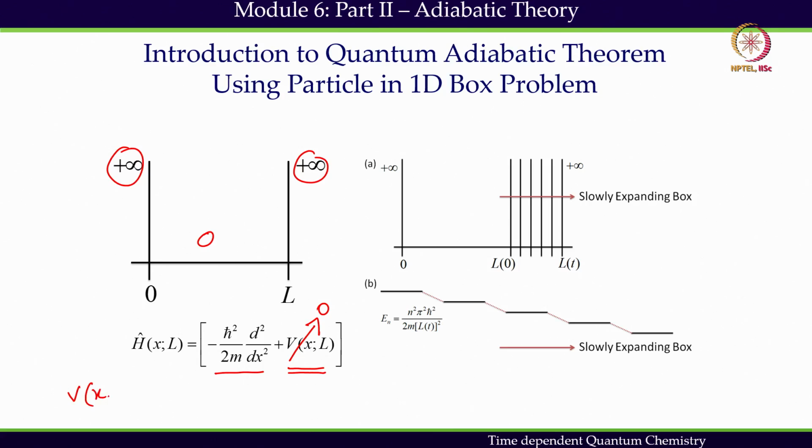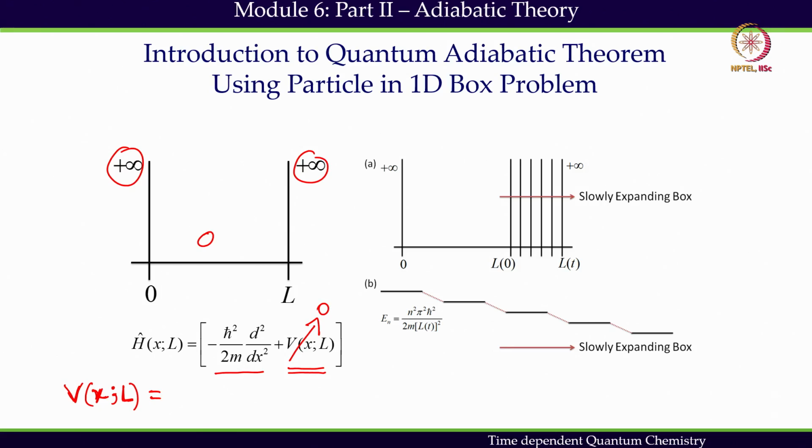V, this is a more specific definition to maintain the notational accuracy. We can already see that the potential I am writing has x dependence as a variable and it has a parameter dependency L. That is why they are separated by a semicolon.